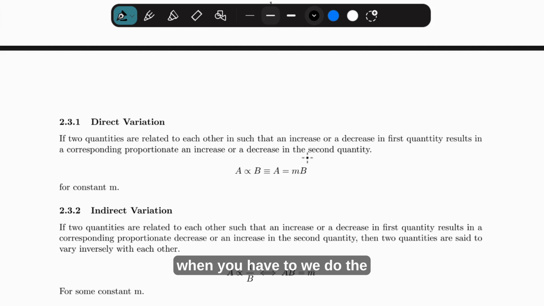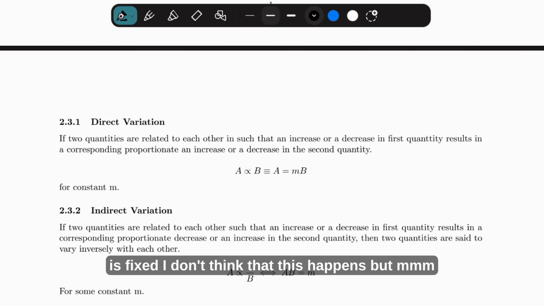When we do the normal calculation of time and distance, we measure how distance varies with time when the speed is fixed, or vice versa when time is fixed. I don't think that happens, but we can do some hypothetical scenarios.